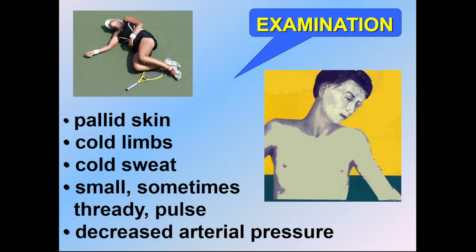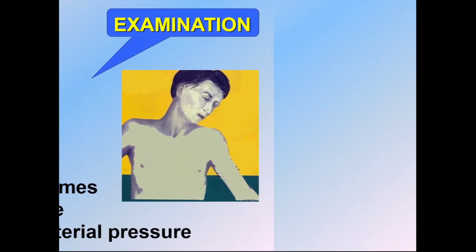The pulse of this patient will be small, very difficult to determine exactly. We are talking about a weak pulse, and blood pressure will be decreased, about which I told you because it is a provoking factor of syncope. How can we help this patient?